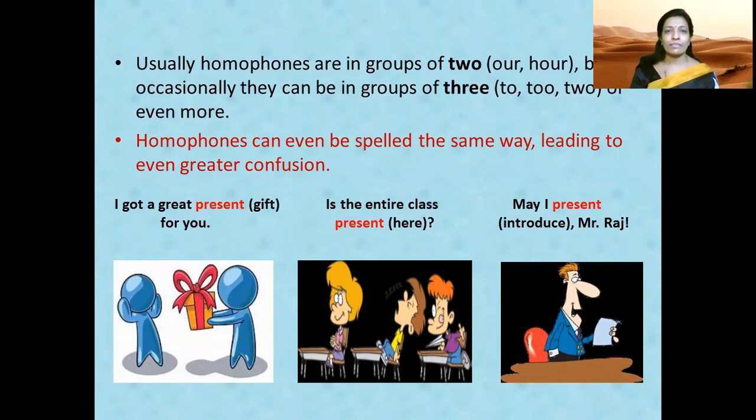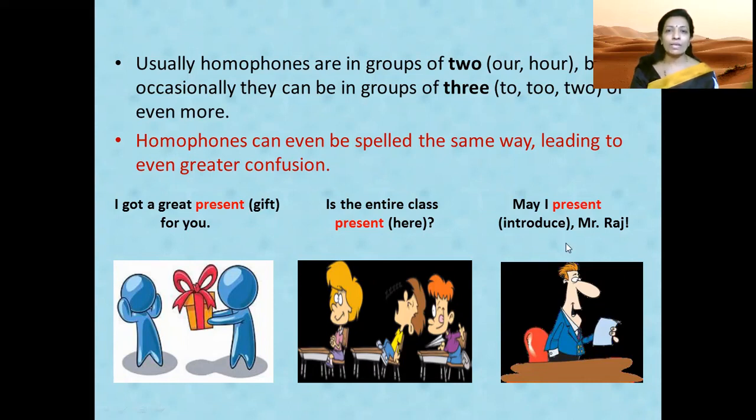In this sentence, the word present means a gift. The second image is accompanied with another sentence which reads, is the entire class present here? So, the word present means are you present right there at that moment?